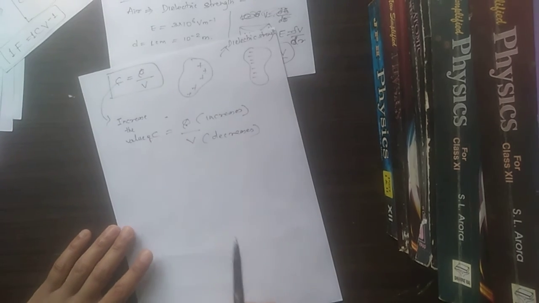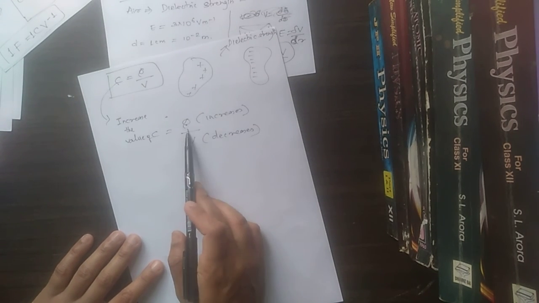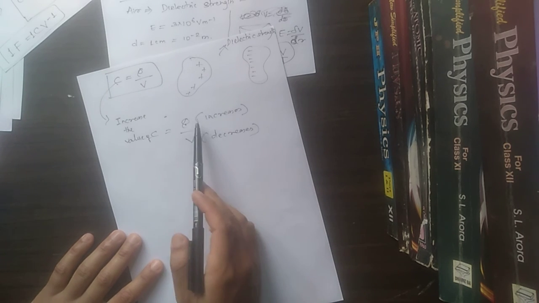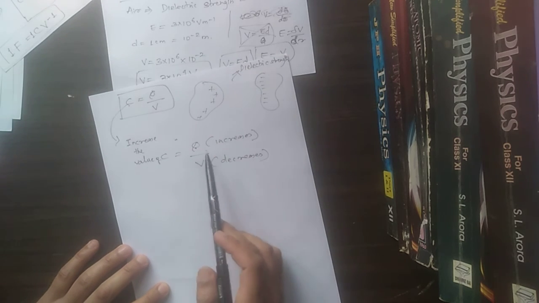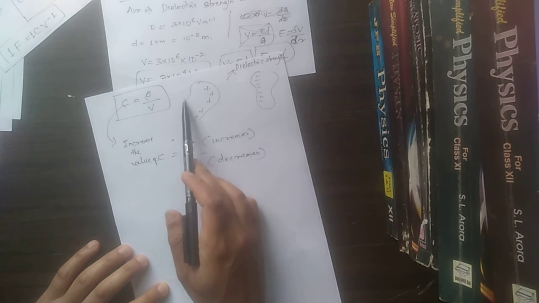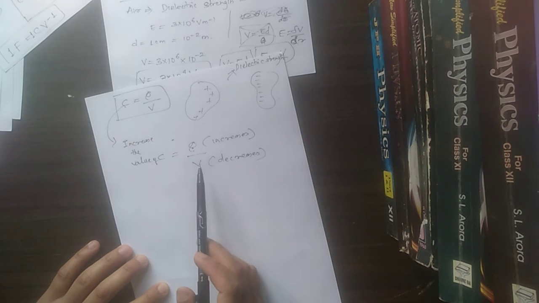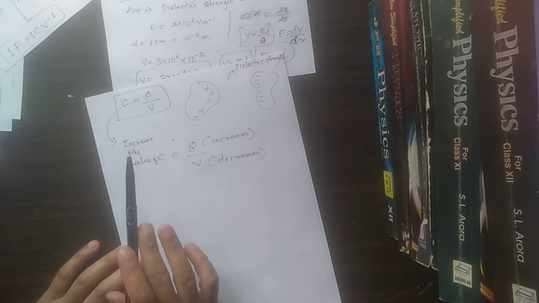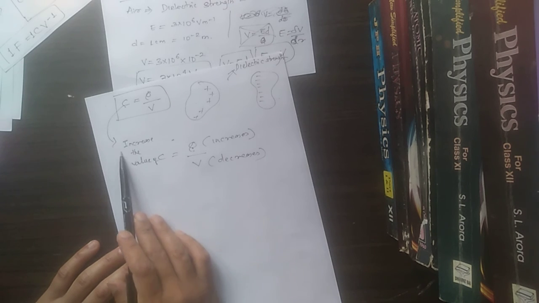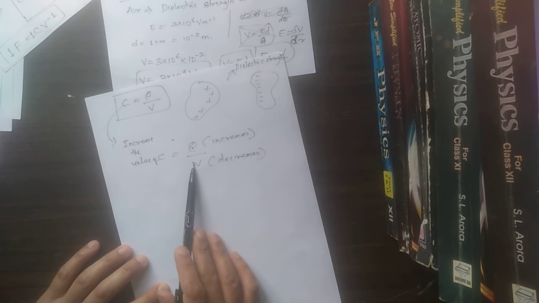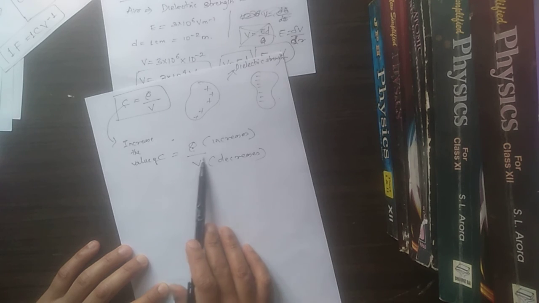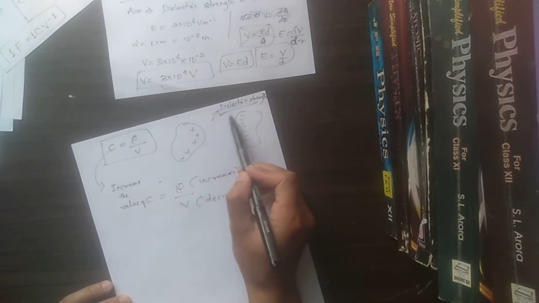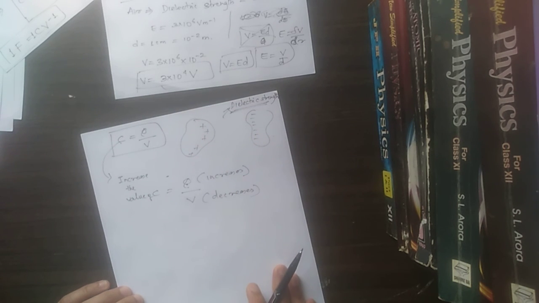Q is simply the charge stored in the conductors. So you are increasing the charge stored in the conductor simply by increasing the value of the capacitance. So when you increase the capacitance, your V remains the same or decreases. So if V decreases, then you can easily operate this capacitor below its dielectric strength.